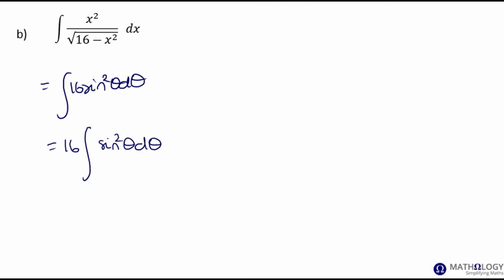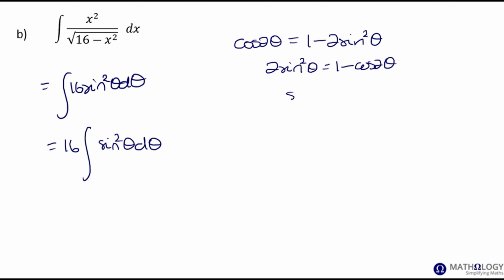We're now going to use the double angle formula for cos 2 theta, but in terms of sine theta. So cos 2 theta equals 1 minus 2 sine squared theta. 2 sine squared theta equals 1 minus cos 2 theta, and therefore sine squared theta equals 1 minus cos 2 theta over 2.